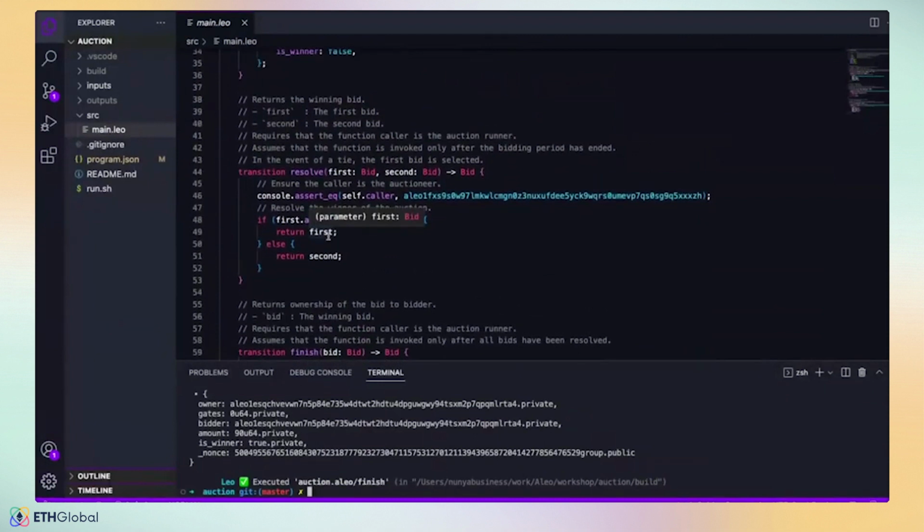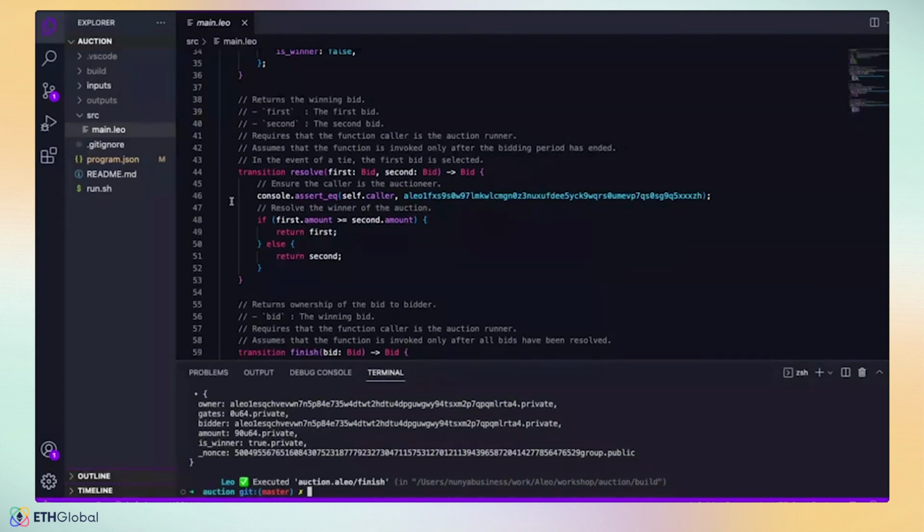And now let's define how we can resolve a bid. This function resolve takes in two bids as input, both are private, and produces a new bid as output. We want to design this application such that it can only be called by the auctioneer. So here we've hard-coded an address for the auctioneer, and we check that the caller of this function can only be the auctioneer.